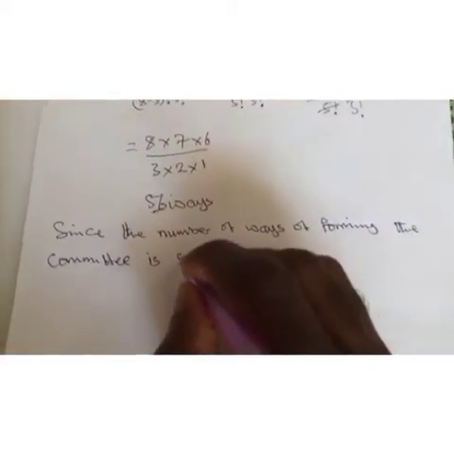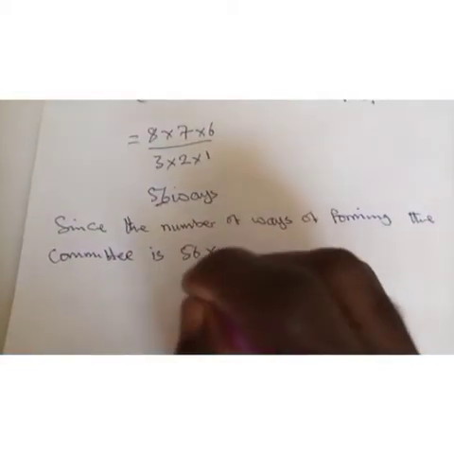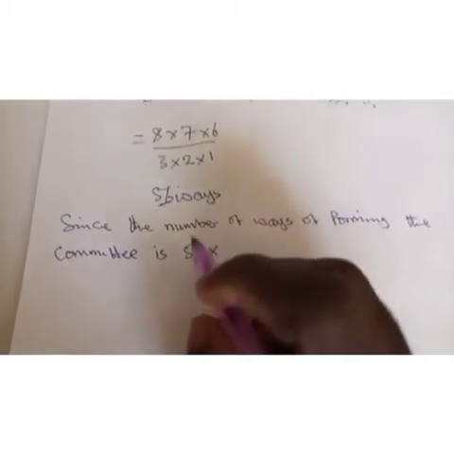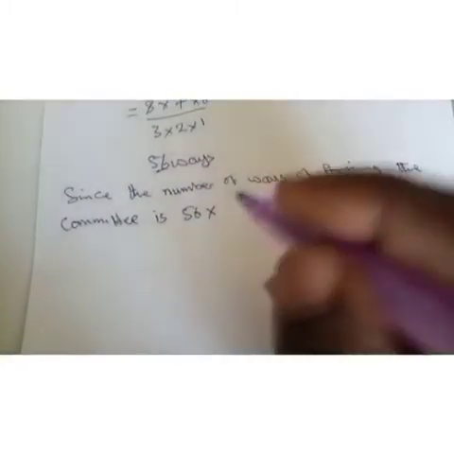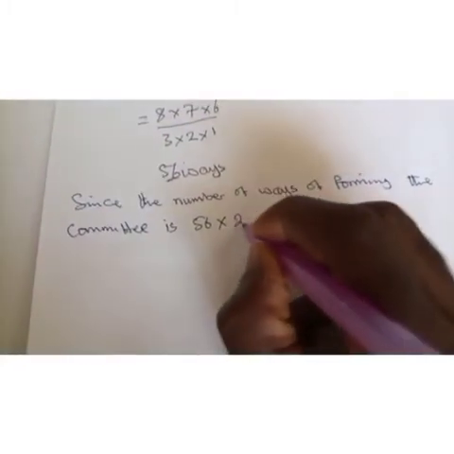So here it will be 56 multiplied by, for the girls we have 21. So it will be 56 multiplied by 21.